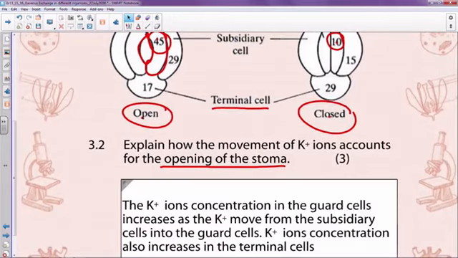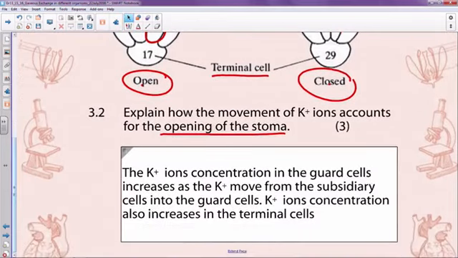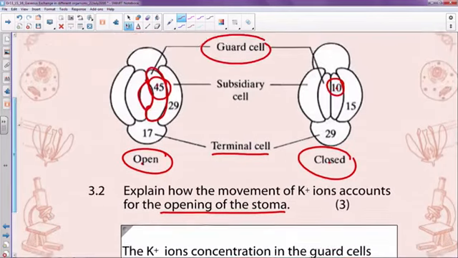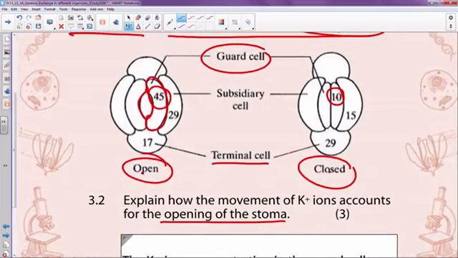The potassium ion concentration in the guard cells increases as the potassium ions move from the subsidiary cells into the guard cells. The potassium ion concentration also increases in the terminal cells, and thus it causes the stomata to open.